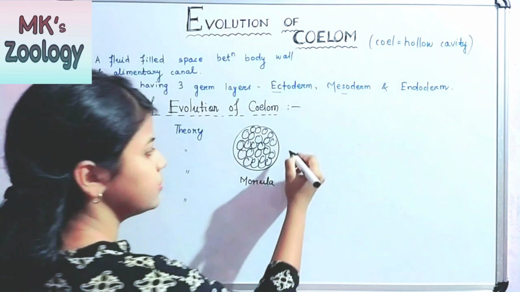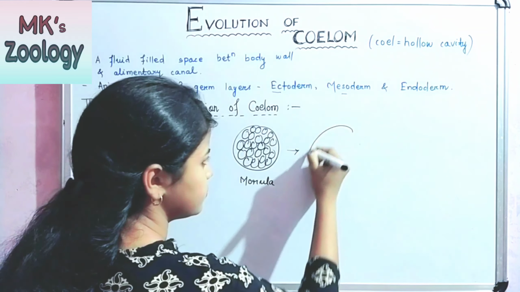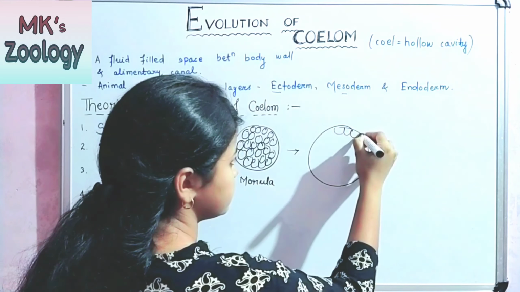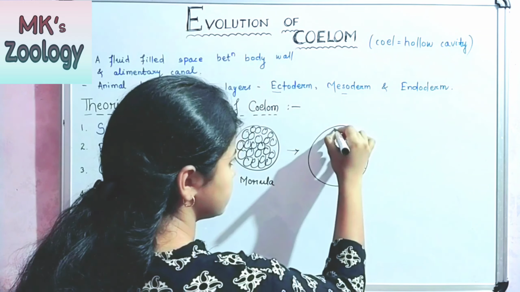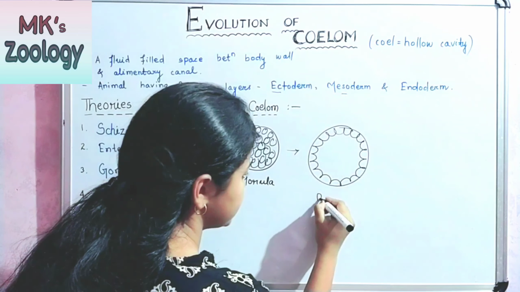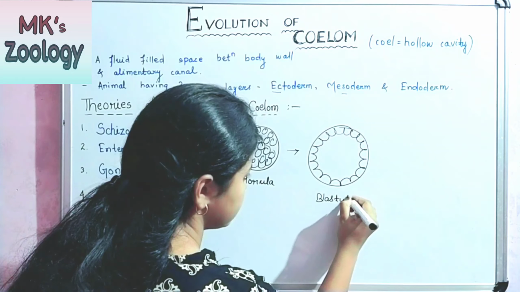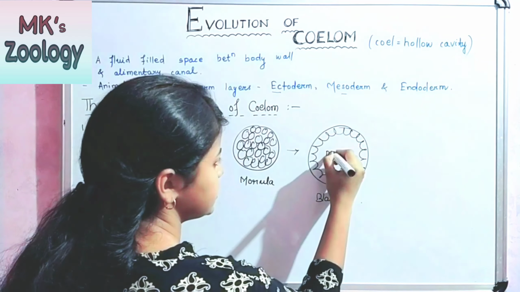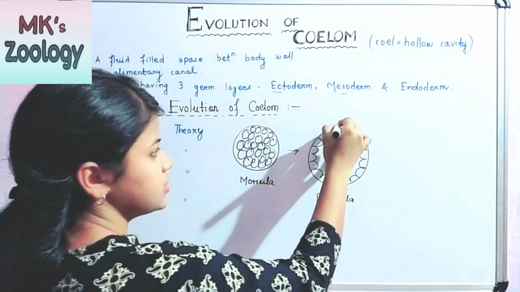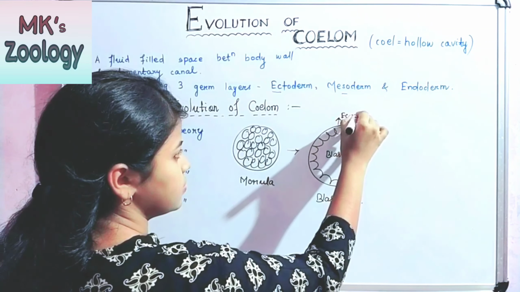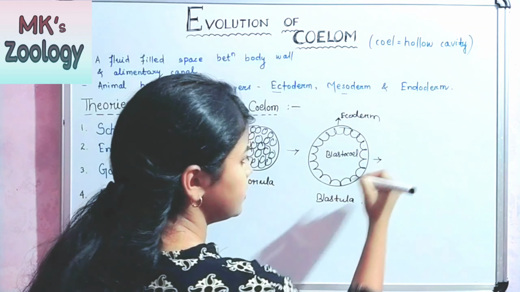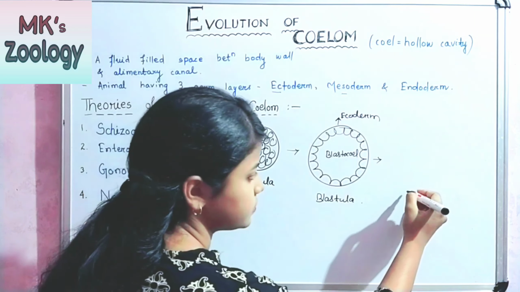Then from morula, blastula is formed. This is blastula, and the cavity is known as blastocoel. This is the ectoderm.